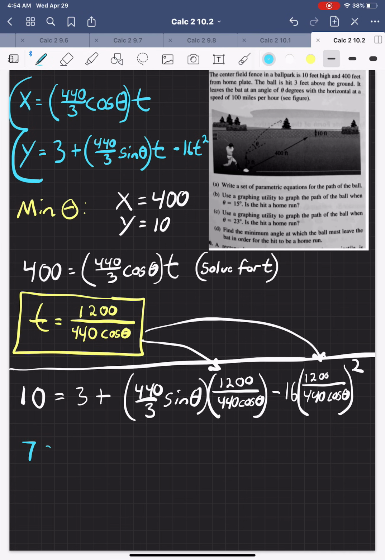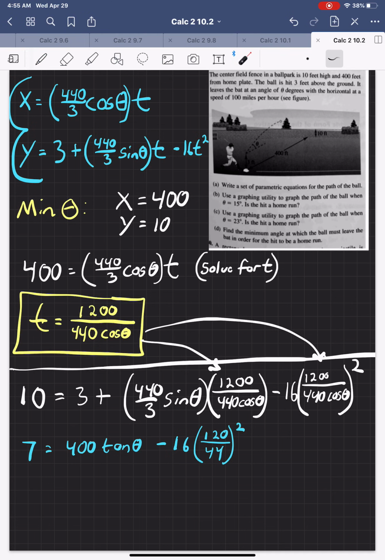So 7 is equal to 400 tan of theta minus, now all I'm doing is I want to use some identities so that I can solve. So minus 16 times 120 over 44, squared. Where did that come from?